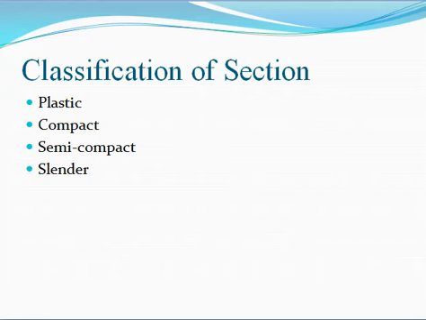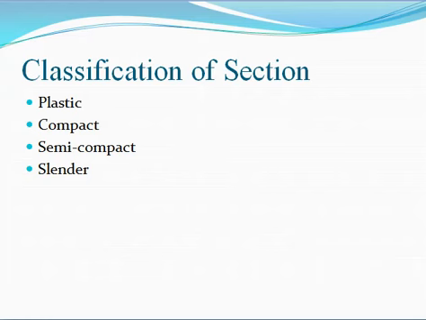See, as in the case of the I section, the I section is divided into two parts. First is the outstanding element and second one is the internal element. Flanges are classified under the outstanding element and web is classified under the internal element. Now see, there is section classification for each element.